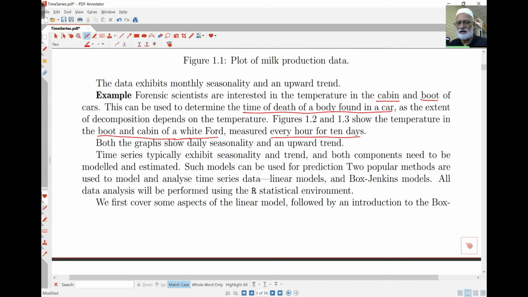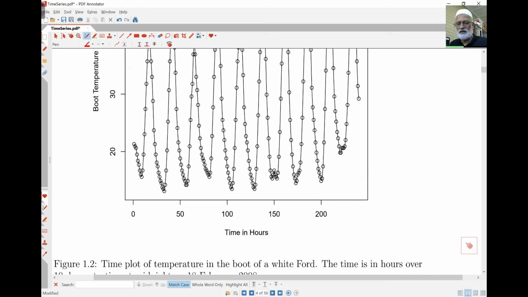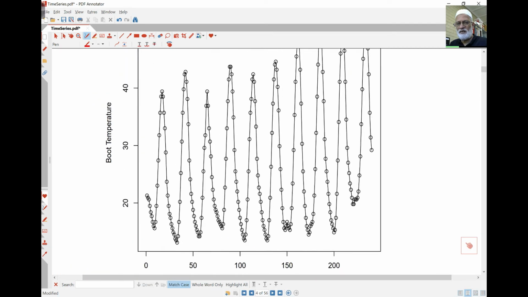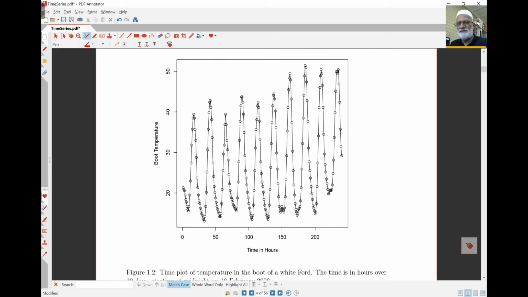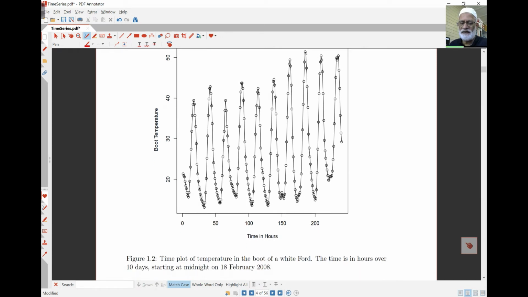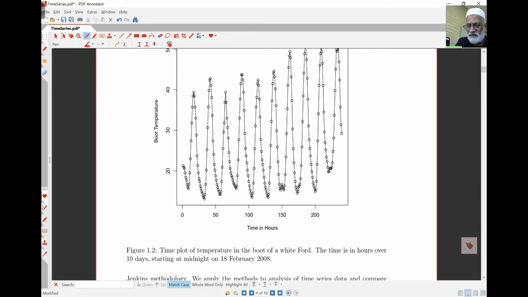And if you look at the data over here, over the page, here it is. This is in the boot of a car, the white Ford. You can see certainly this is seasonality. This is hourly data over the days, starting at midnight on 10th February, over a few days, not months.